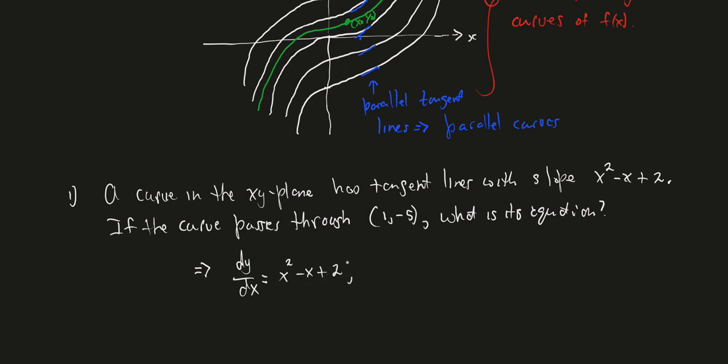And what else do we know? It says that the curve passes through the point (1, -5). Well, this is saying when x is equal to 1, the y value on this curve is -5. So we can write it like this: y(1) = -5. So this is that extra bit of information that we're given. This is like the ordered pair.